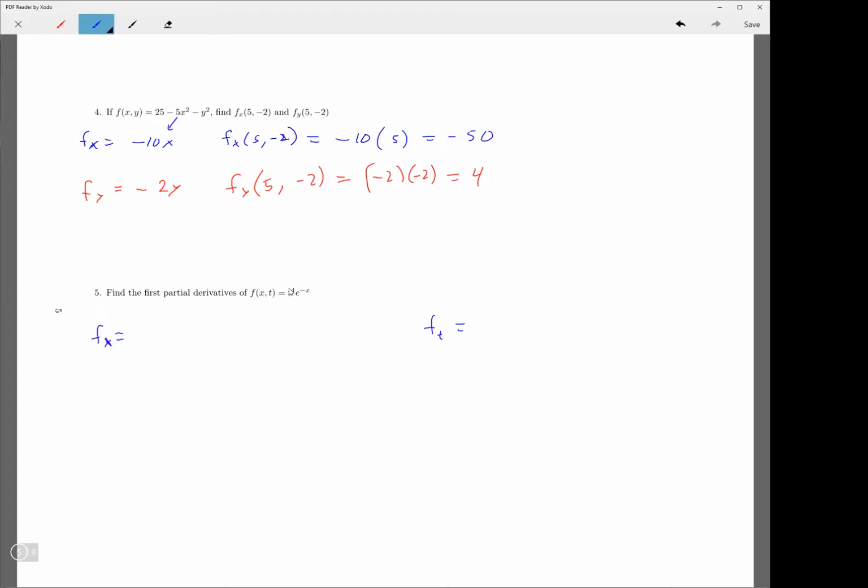So here, you just treat the t as if it's a constant. And wouldn't that just be 0? Yeah, that part's going to be 0. And you don't have to do the product rule, because you just think that's a constant out there.